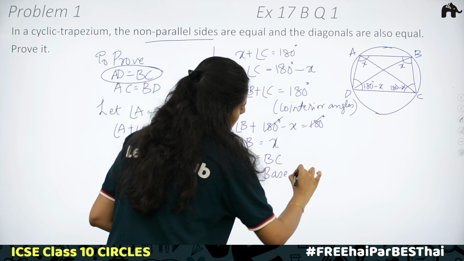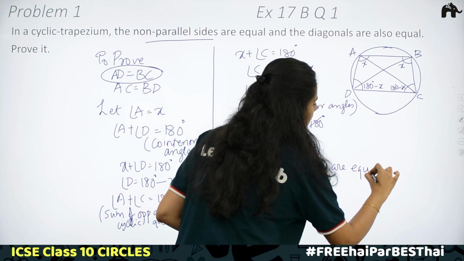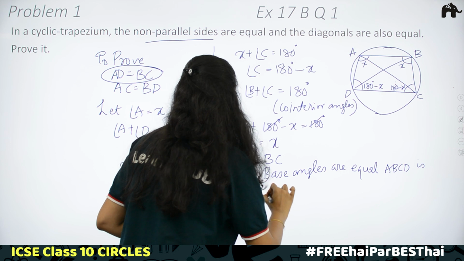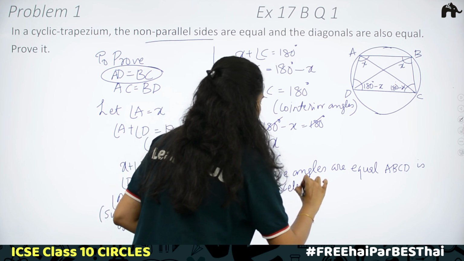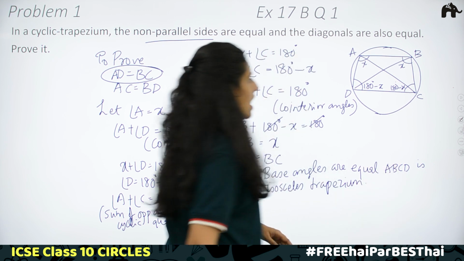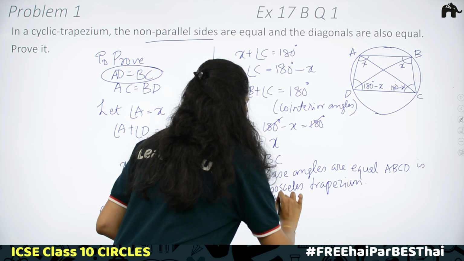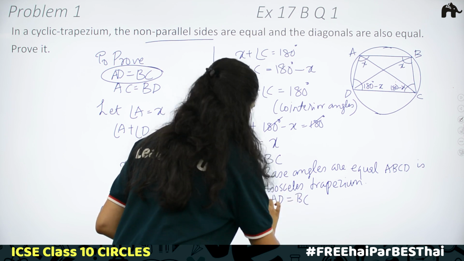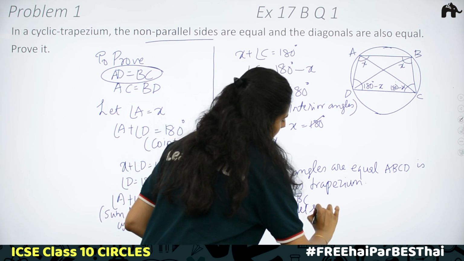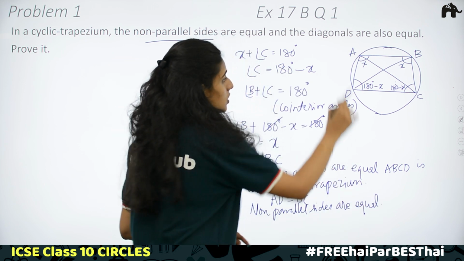For an isosceles trapezium, the non-parallel sides are equal. Here, AD will be equal to BC. That is, non-parallel sides are equal.